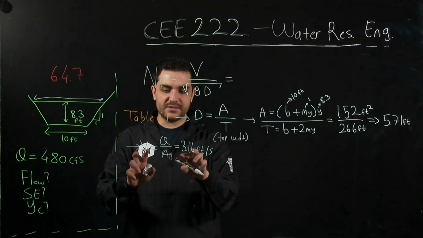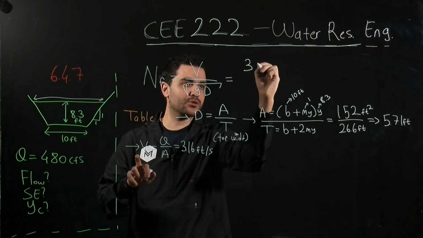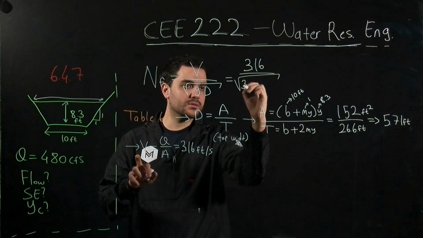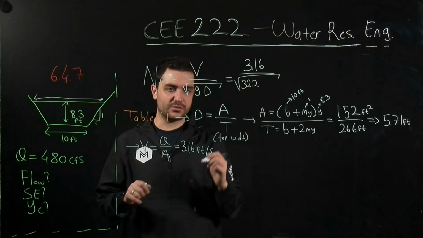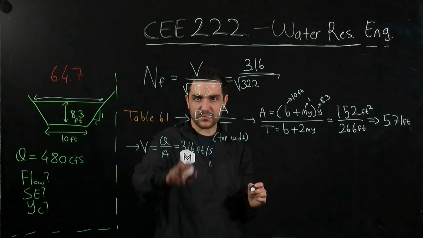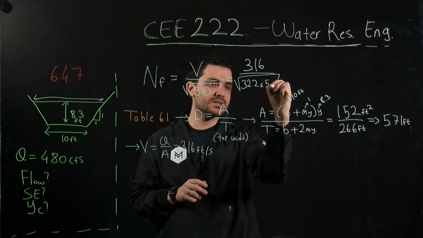So let me write everything in this equation. We have 3.16, we have 32.2 feet per square second, and we have D as 5.71 feet.